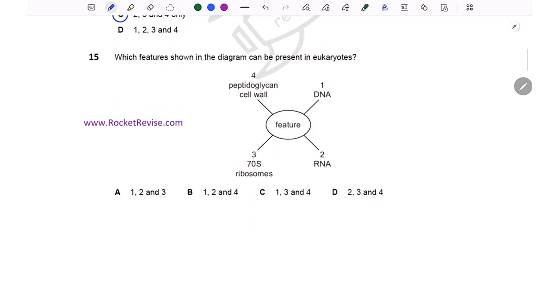Question number 15. Which features shown in the diagram can be present in eukaryotes? So you have DNA, RNA, 70S ribosomes, and peptidoglycan cell wall. DNA is present in eukaryotes, you know that.